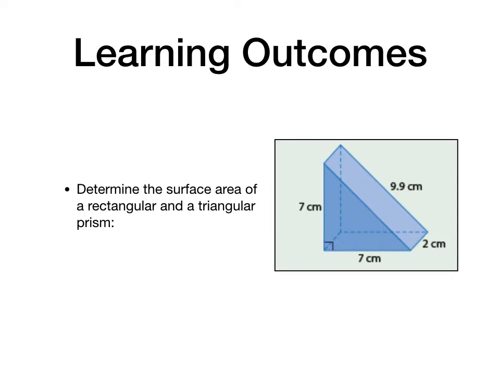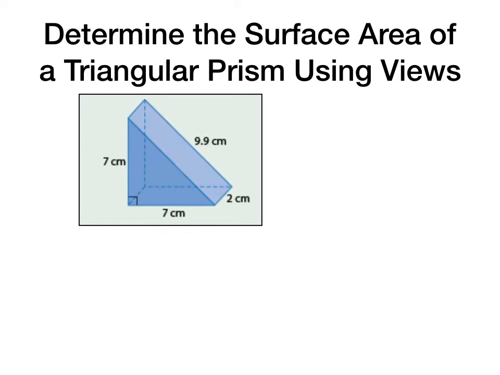For this video, we're going to determine the surface area of the triangular prism in this diagram. We can use two different approaches. The first approach is using the views of our 3D object.